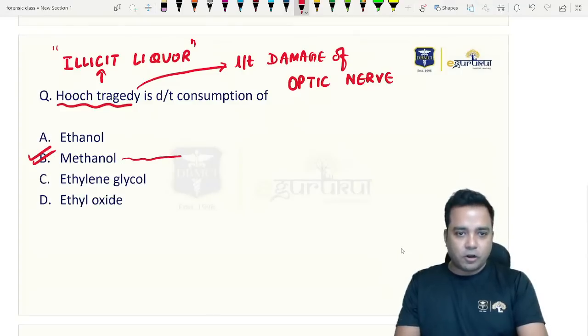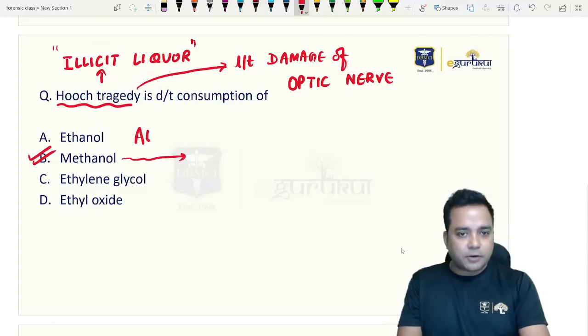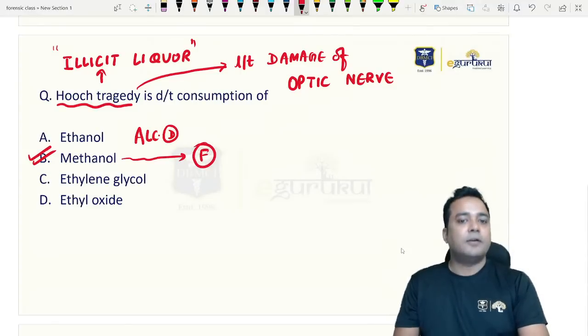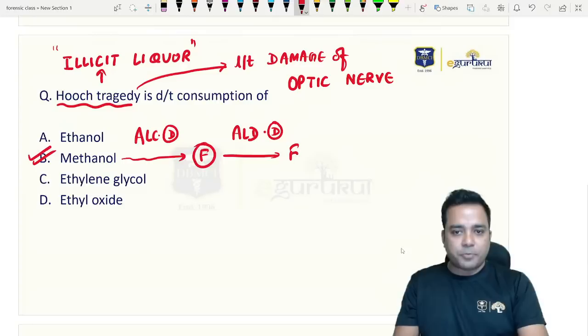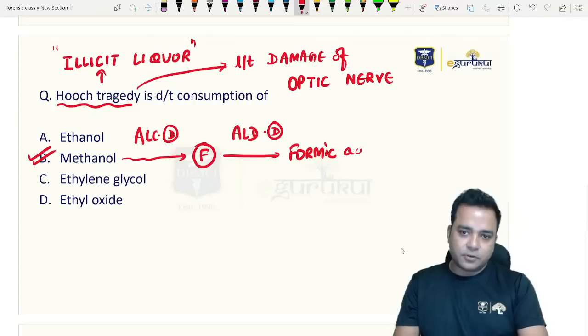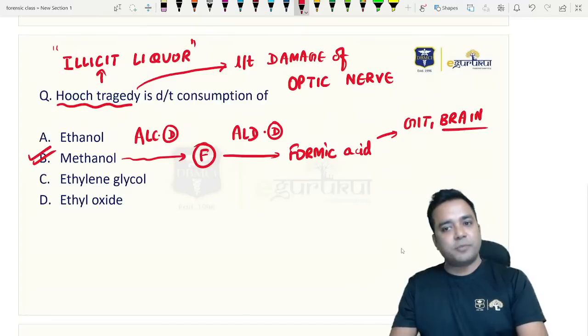Because methanol, on getting metabolized by alcohol dehydrogenase, first of all forms formaldehyde. When aldehyde dehydrogenase acts, now what is formed is formic acid, and it is this formic acid which is in love with optic nerves, and this is also in love with our GIT system and our brain centers. So yes, it is highly toxic to vital brain centers.